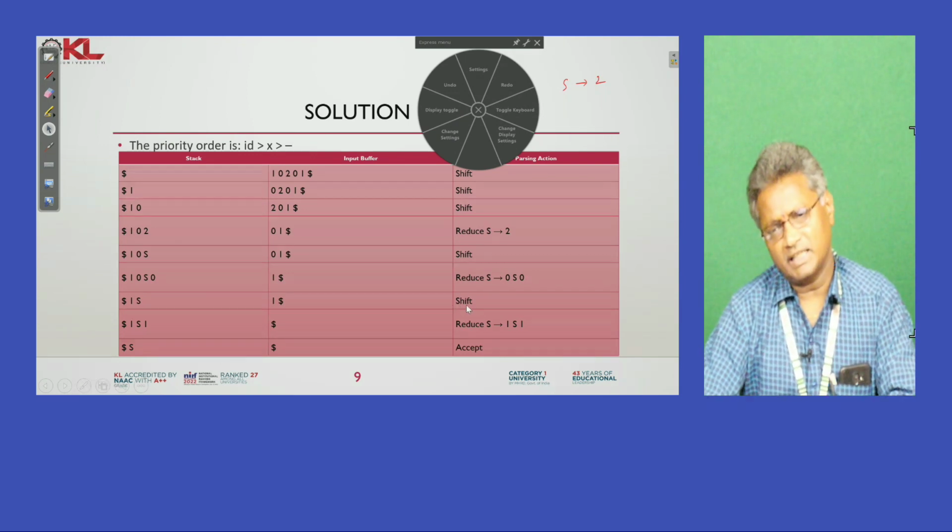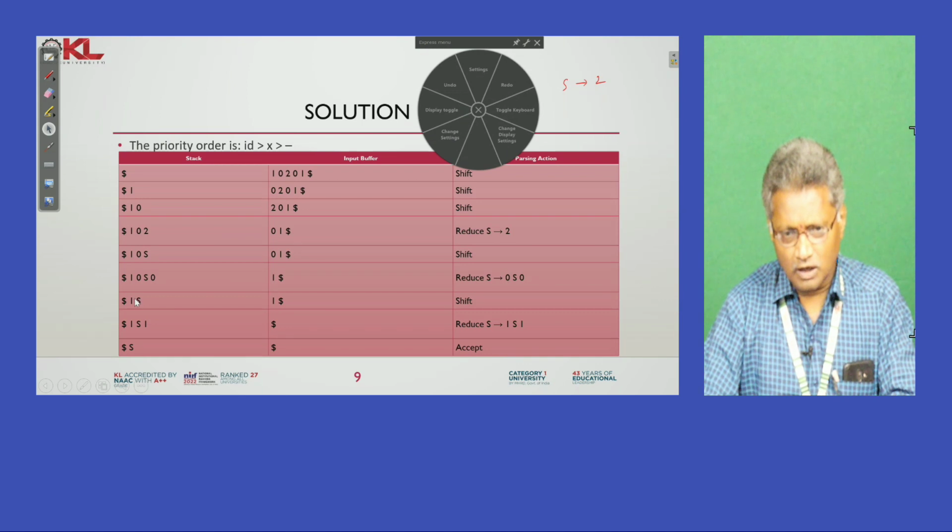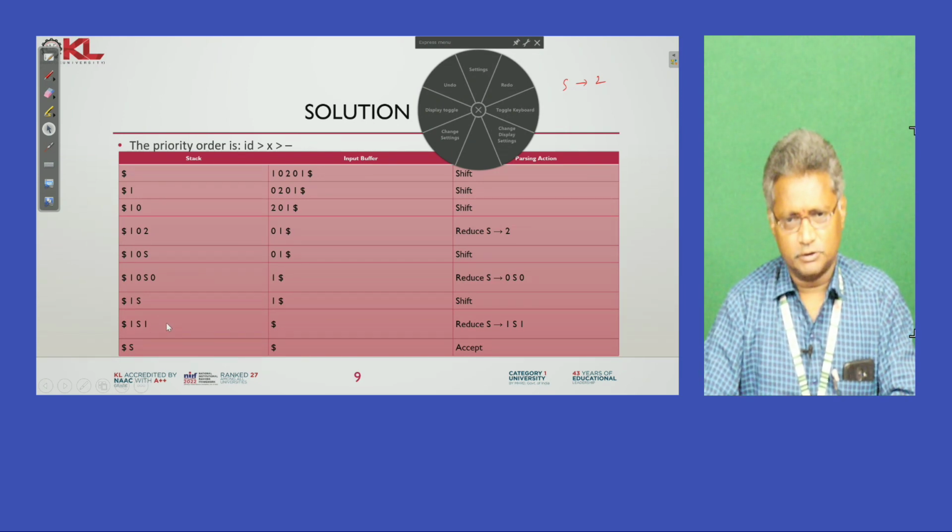Then again apply the shift action, and this 1 is moved onto the top of the stack after 1 S, giving 1 S 1. Only the dollar symbol is available in the input buffer.